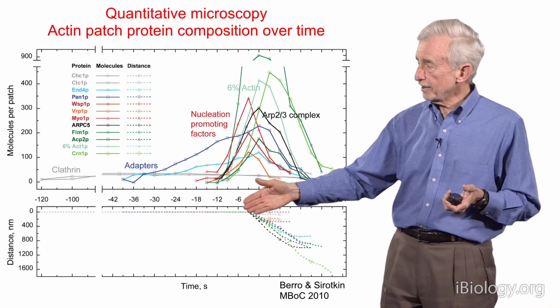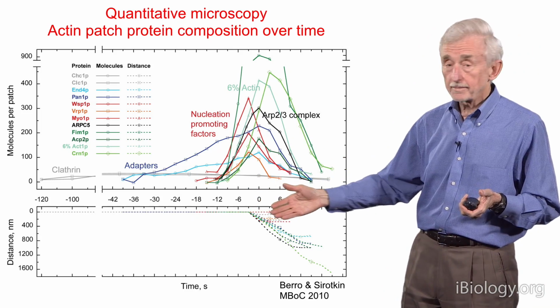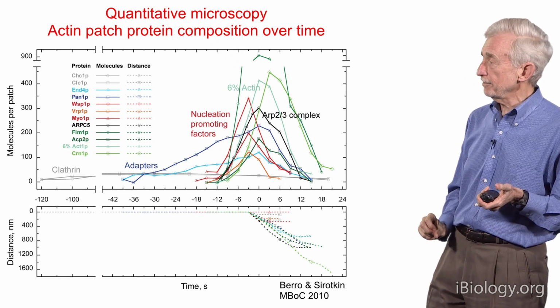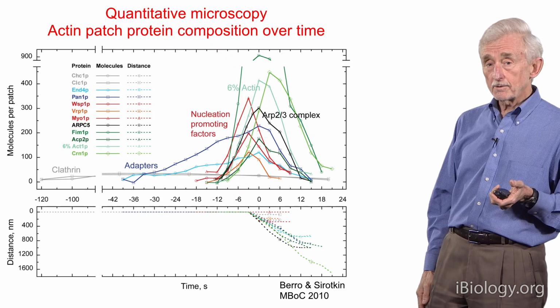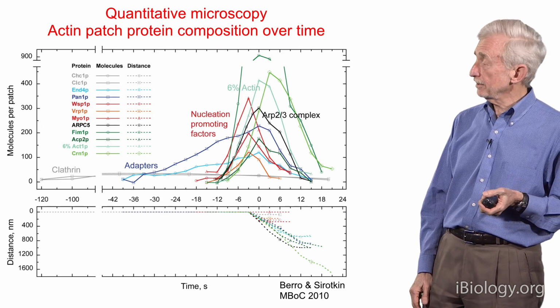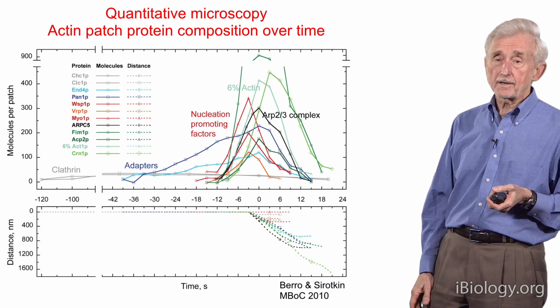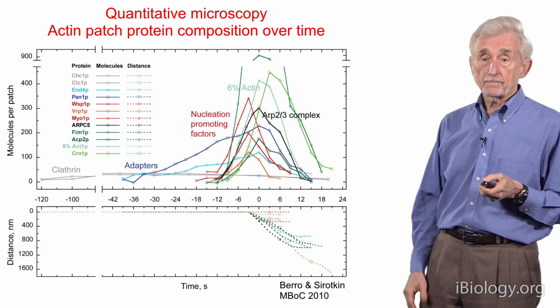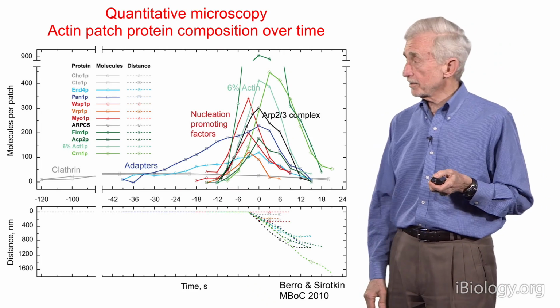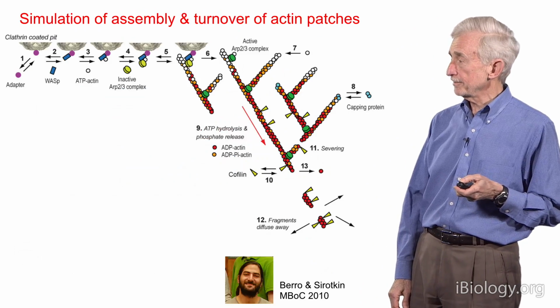And at time 0 on this time scale, the actin patch starts to move away from the plasma membrane. That's how we synchronize them all in time. So with data like this, it puts great constraints on the underlying biochemical reactions, allowing one to propose and test a specific hypothesis for the process.